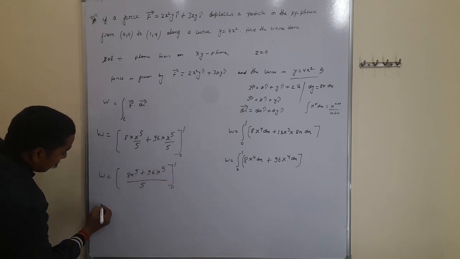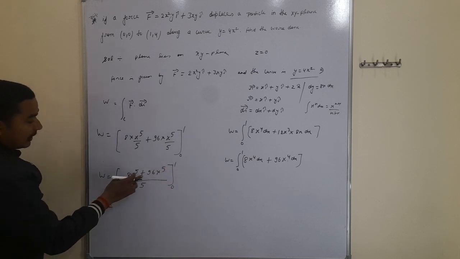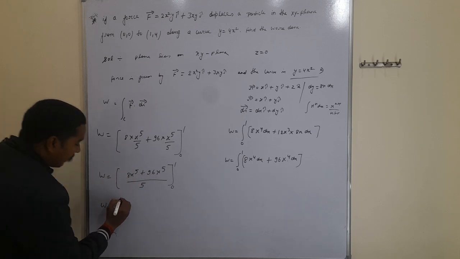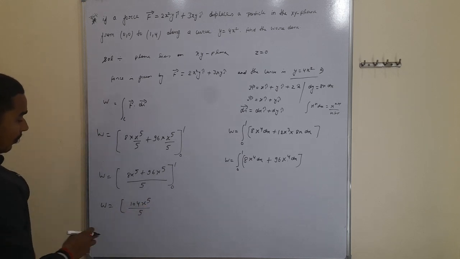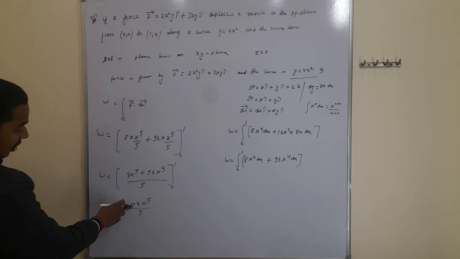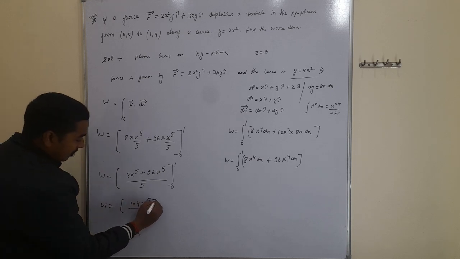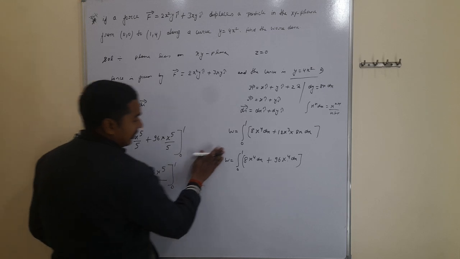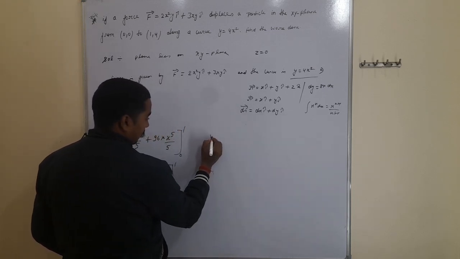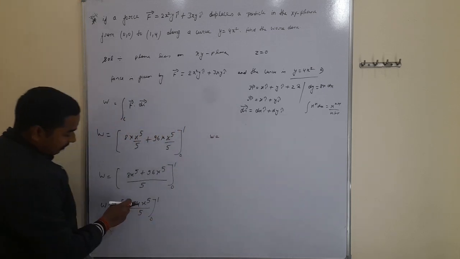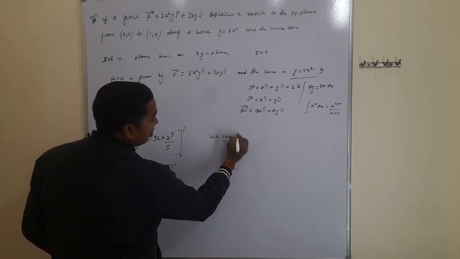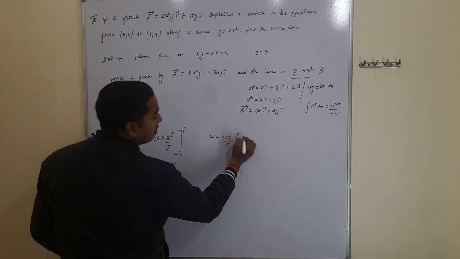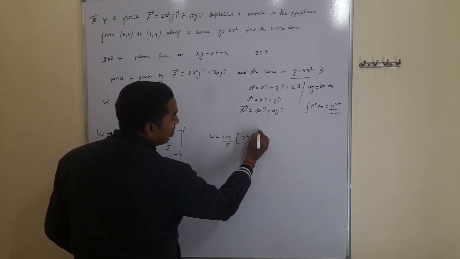Further, the work done is equal to 96 plus 8, that is 104 x⁵ upon 5. Taking 104 upon 5 common, with limit 0 to 1, we apply the limit.